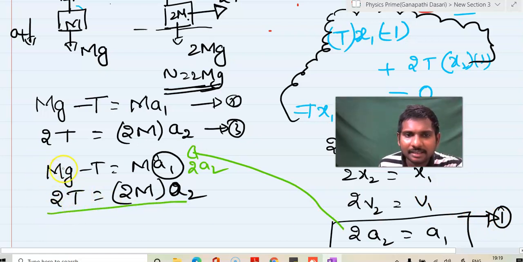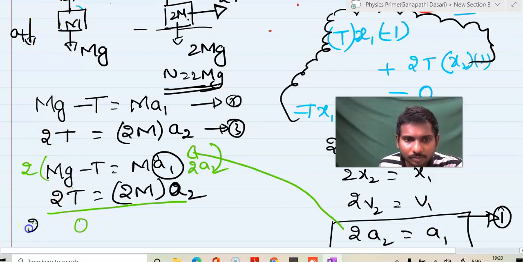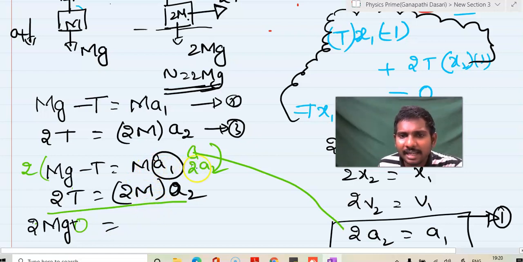I am multiplying this entire equation by 2, so the tension will be cancelled out when adding. So 2T minus 2T will be 0, and 2mg plus 0, the tension gets cancelled out, is equal to 2ma2 multiplied by another 2, since the entire equation is multiplied by 2.